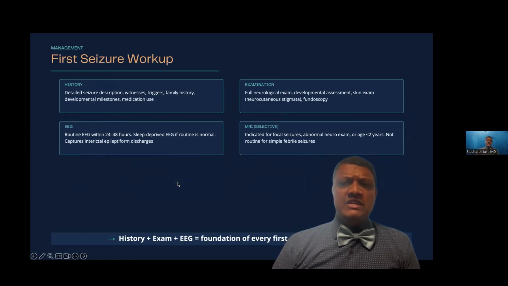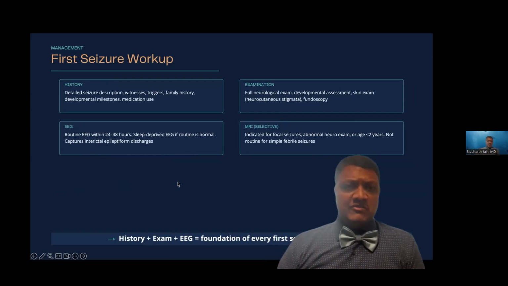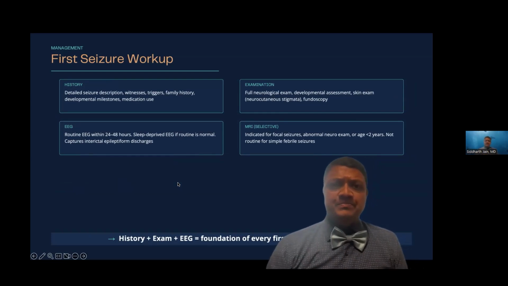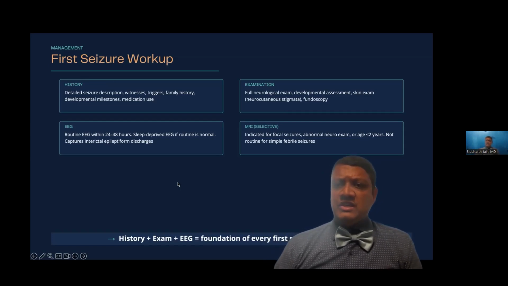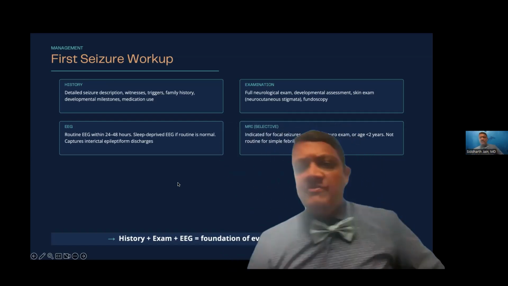Obtaining a routine EEG is an important step in most patients where there is at least a reasonable clinical concern for underlying seizures or epilepsy. Again, neurological examination, and then MRI in certain cases where we are highly suspicious of an underlying focal epilepsy or a lesion, or alternative neurological conditions that seizures might be a part of.